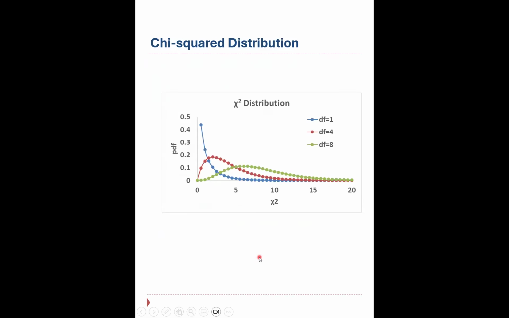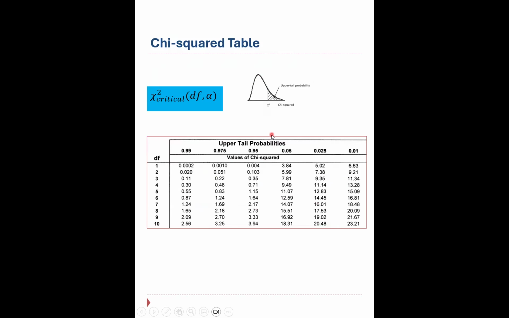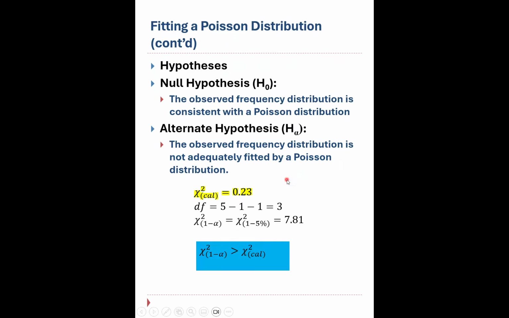Let's see that one more time on the graph. Well, our calculated value is much smaller than the critical value. Therefore, we can say that we can accept it. So here it is. I found that at 3 degrees of freedom, it is 7.81 at 5% level of significance. So that's the way we carry out these calculations.